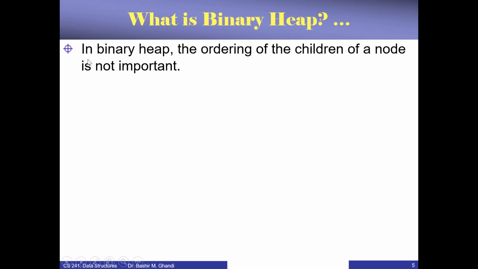The first one, if you probably have noticed in the examples, is that in binary heap, whether min heap or max heap, the ordering of the children is not important. Meaning whether the left child is greater than the right child or the other way around is not important.